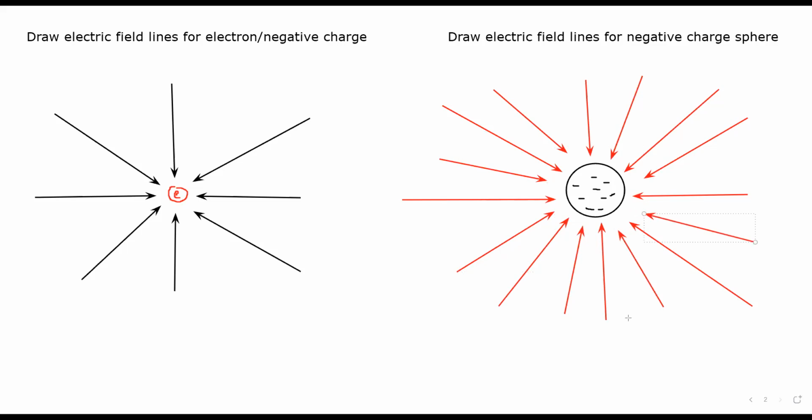Is it clear? So for positive, the electric field lines point out. For negative, the field lines point in.